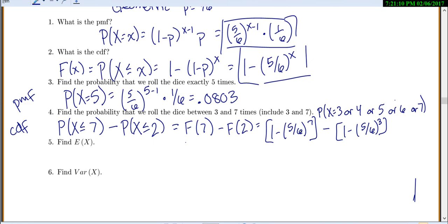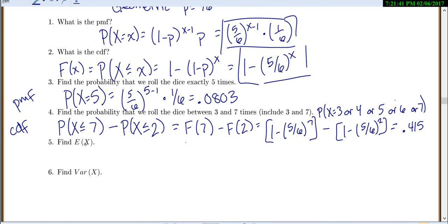This is the CDF at 7 and the CDF at 2. So this gives me 0.415. So I could have done 3 or 4 or 5 or 6 or 7, but that's 7 different things I have to plug into the PMF. Plugging 2 things into the CDF is a little bit easier to save time.